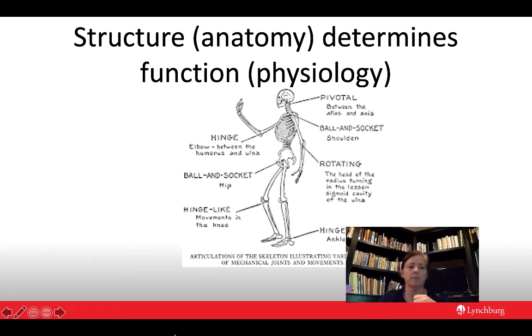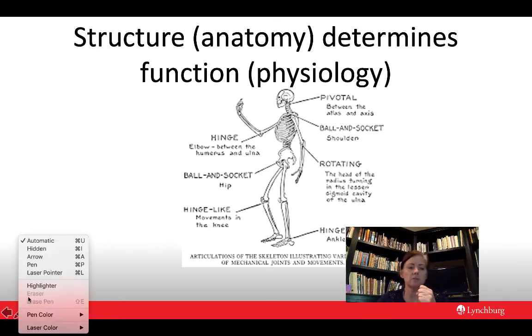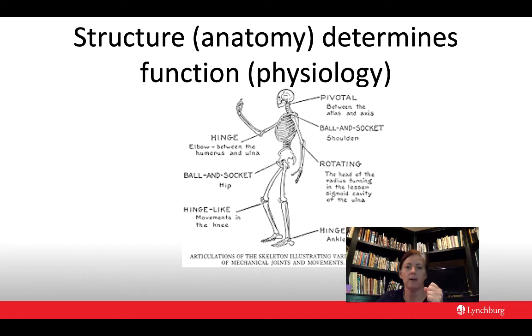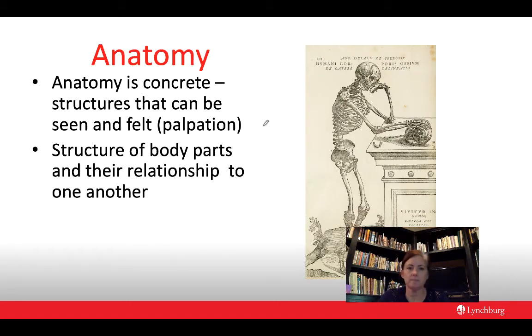I've got on here some different joints that are highlighted, and if you look at your elbow, moving your elbow up and down, the joint that's formed there is called a hinge joint. It does a certain type of motion, and the type of joint form determines the function that that joint is able to perform. And so we see examples of complementarity throughout anatomy and physiology.